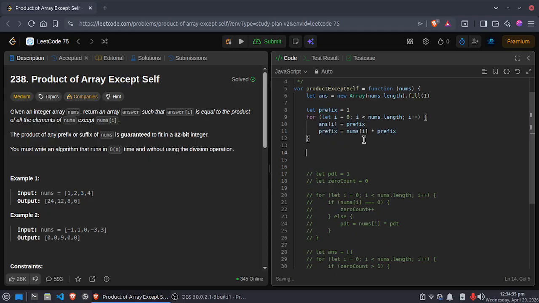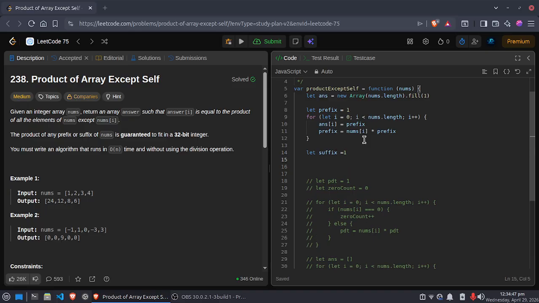Now let's come to the suffix. This starts from the completely right side. Suffix also starts with 1.